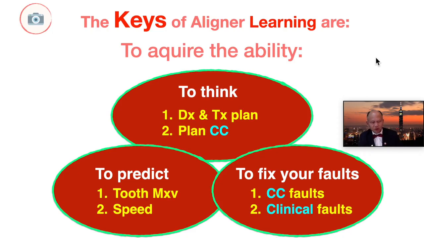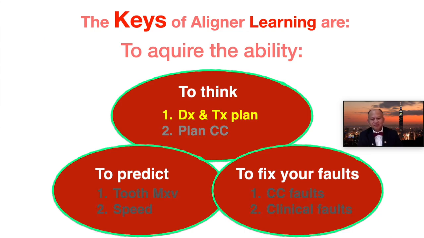How do you fix those? I think if you can learn these 3 keys, practicing aligner becomes easy, and you will enjoy it a lot. So let's start with the first one, how to think.